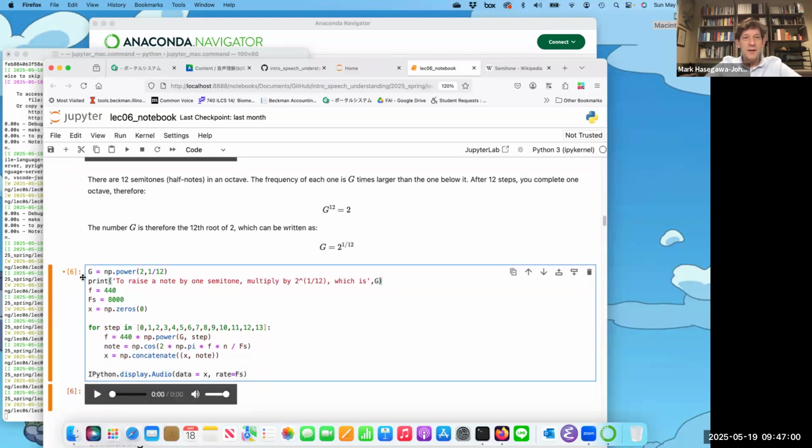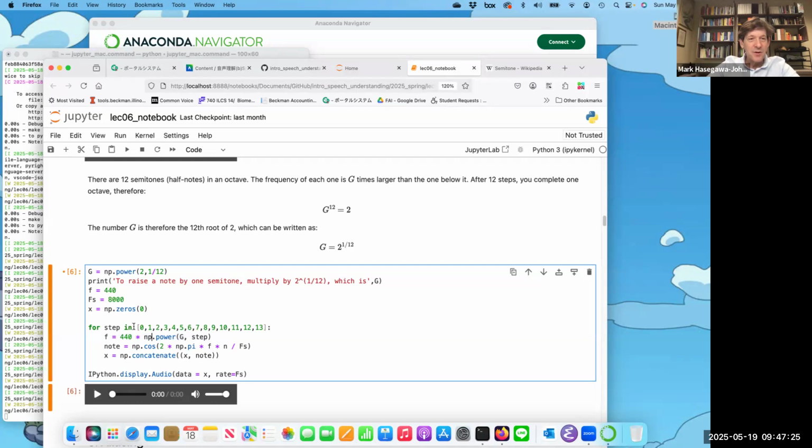All right, so now we'll use numpy.power in order to find 2 raised to the 1/12th power. And we'll print out that value to see what it is. And then we'll take this 440 hertz tone and we'll multiply that frequency by g raised to the power of a particular step.